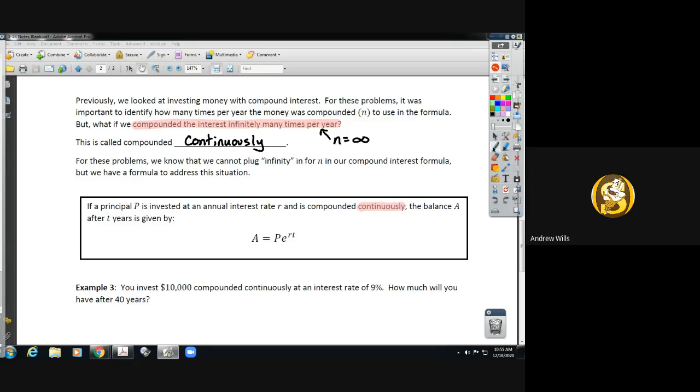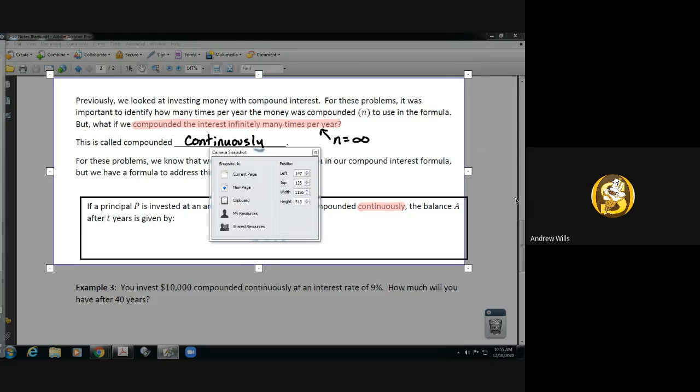We use this formula right here instead. A equals P times E to the RT power. So we're going to look at an example of this after I grab a quick screenshot again to throw into the notes.